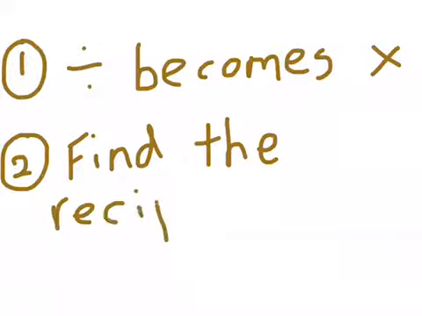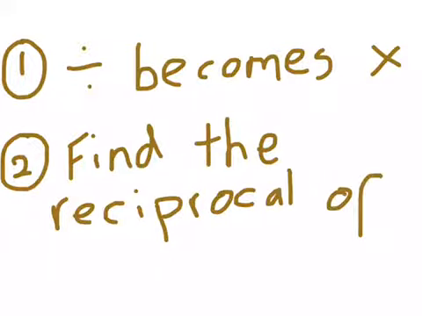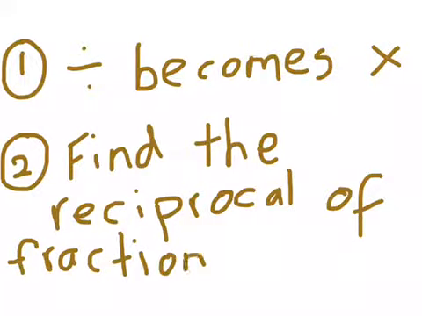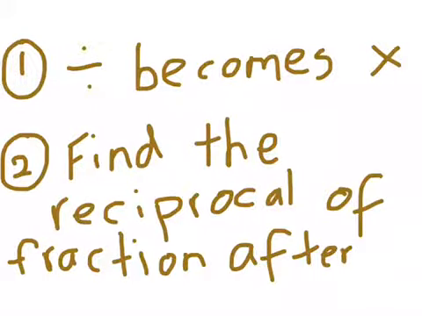So we find the reciprocal of the fraction that's after the division symbol. So only that one. They're my main 2 steps. Division becomes times, and then we find the reciprocal of the fraction after the division symbol.